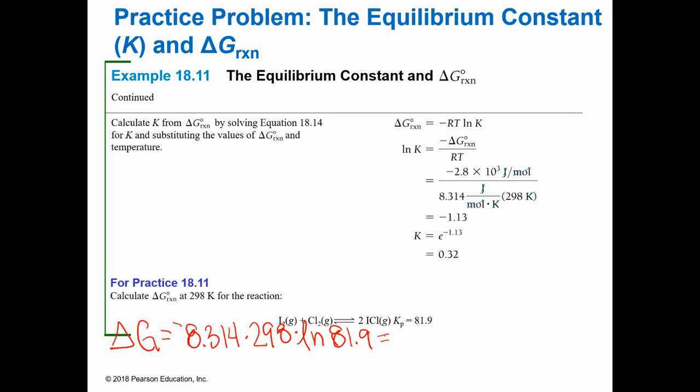And I get negative 10,915 joules, which is negative 10.9 kilojoules. Okay, so just remember, normally we say that Gibbs free energy is in kilojoules, but when you use this equation, it comes out in joules, and then you need to convert.